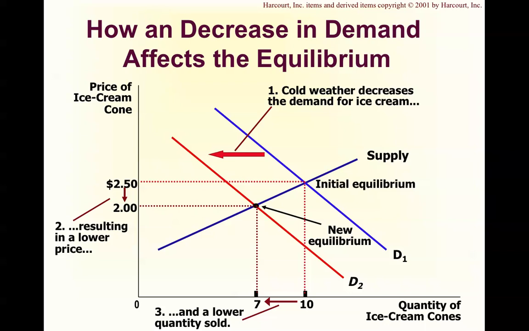So price must go down to $2. As a result, there's too much ice cream out there. Got to sell it. Producers are going to respond by selling less next time around at the lower price. So we move from the initial equilibrium of $2.50 to the new equilibrium of $2.